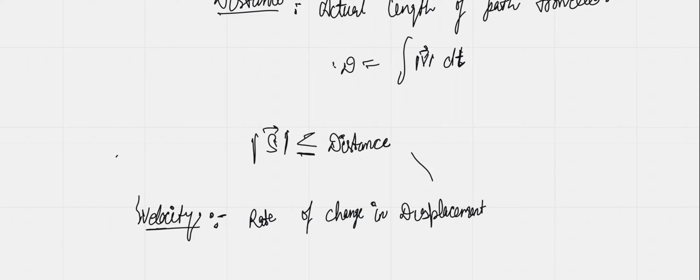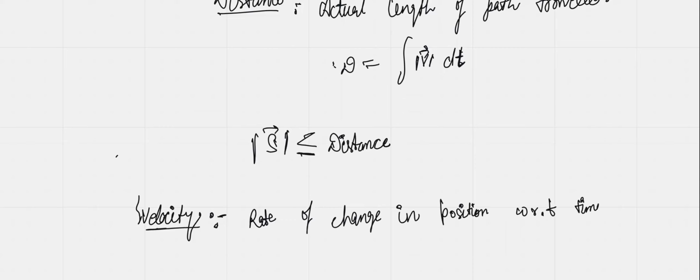Rate of change in position is fine actually. Rate of change in position with respect to time at any instant.